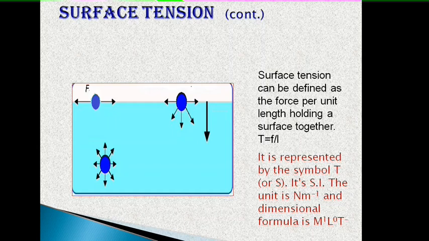In order to move a molecule to the liquid surface, it requires work, which results in greater potential energy for surface molecules. So, in order to attain minimum potential energy and hence stable equilibrium, the free surface of the liquid tends to have the minimum surface area, and thereby it behaves like a stretched membrane.